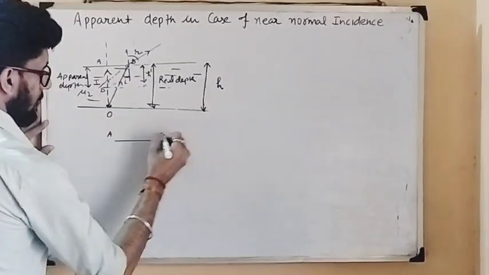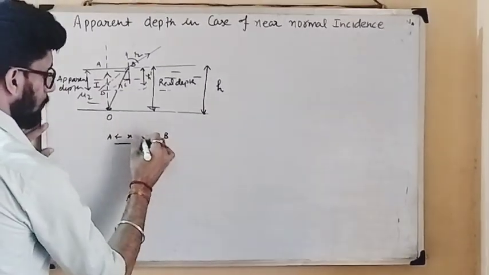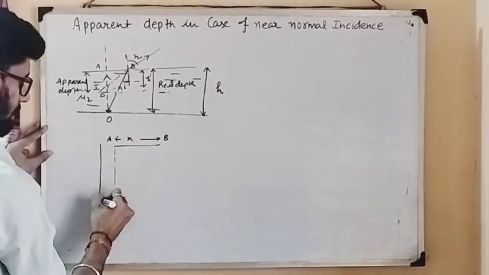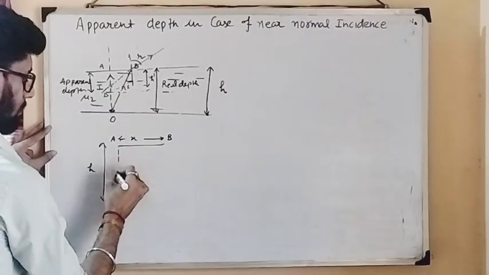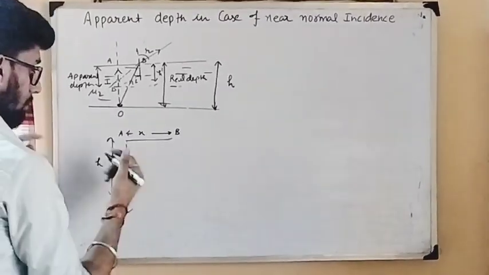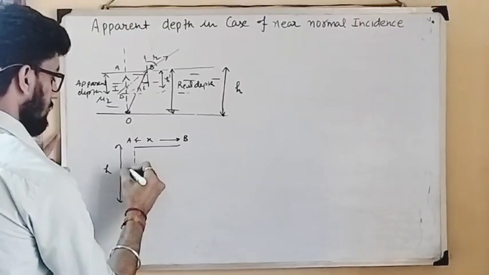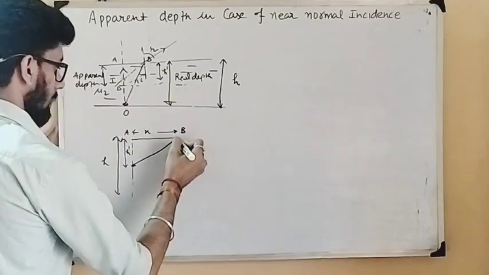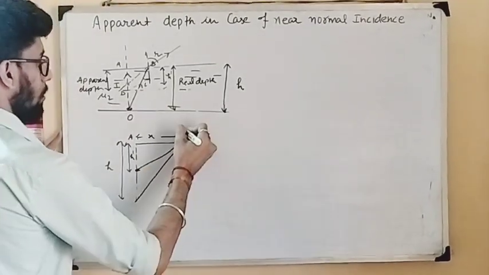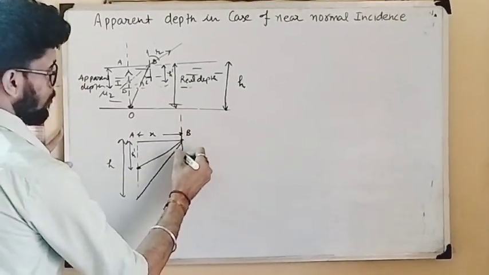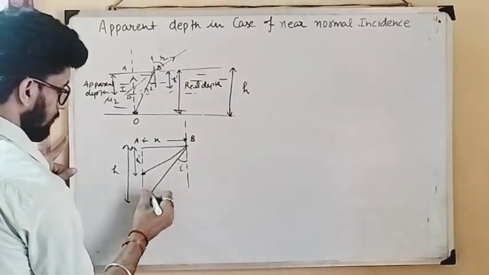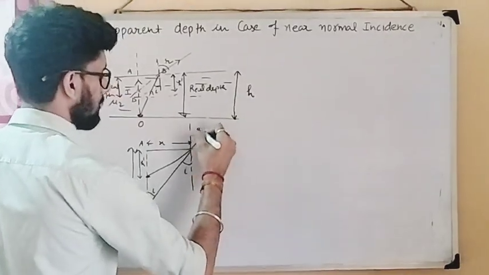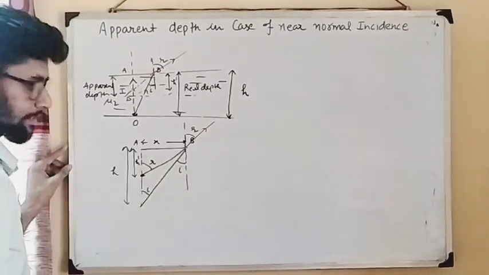Here it is A, B. The distance between the two points is x, this is your height h, and over here the apparent image is appearing, that is your h dash. If we see the construction, this is your angle i, right? Then this angle will also be i, alternate angles, and this line is making an angle r with the normal, so the same over here it will be r, right?